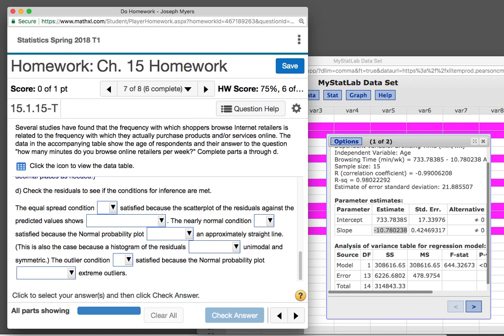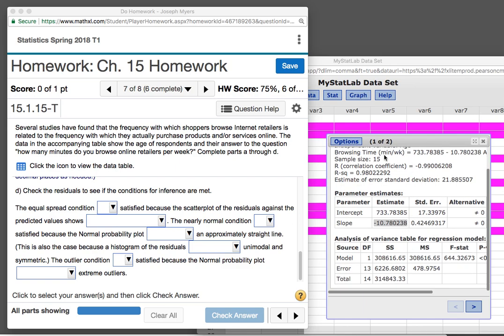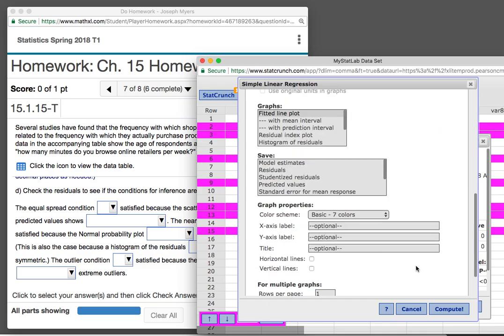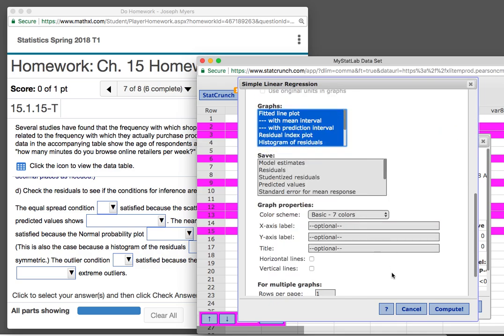Okay, then let's change some of the options right here. Graphs. Let's just do all the graphs.